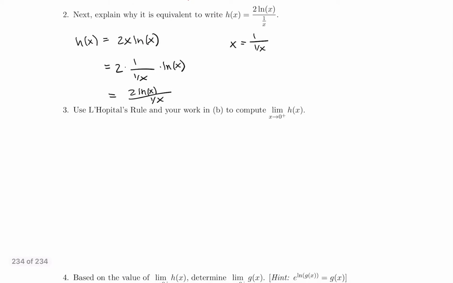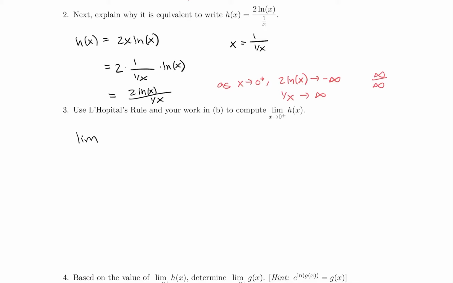Now, what's nice about this is, as x goes to 0 from the right, 2 log x goes to negative infinity, and 1 over x goes to infinity. So now we have this form of infinity over infinity, and L'Hopital's rule will apply.